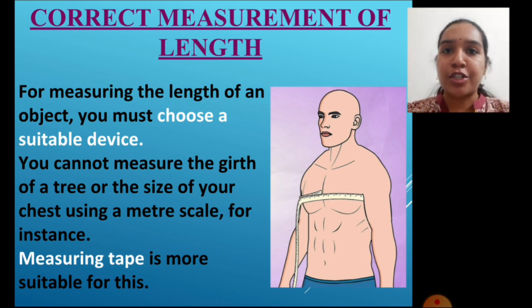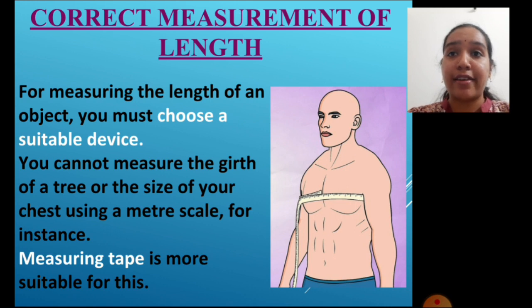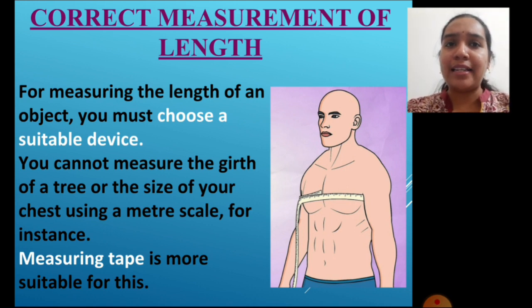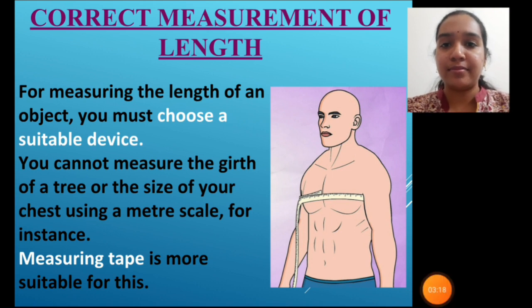Every time you measure the length of an object, you must choose a suitable device for convenient and correct results. You usually cannot measure around the trunk of a tree or a man's chest size using a meter scale, which is usually stiff, strong, and limited up to a meter length only.